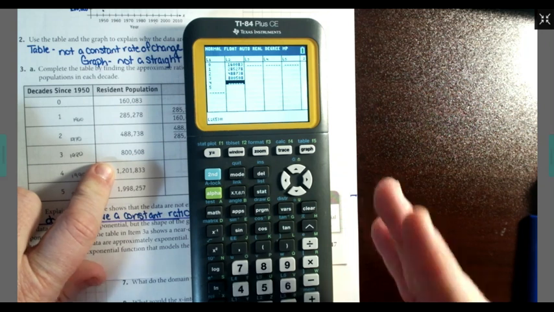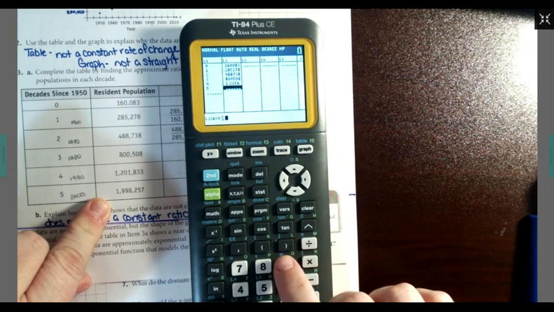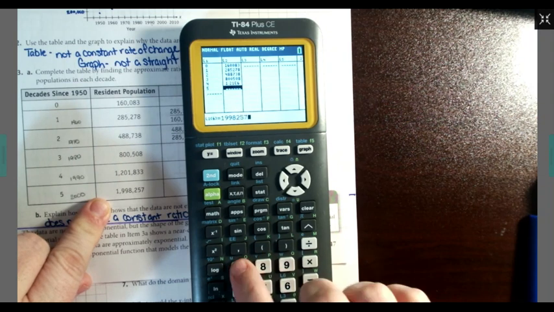And after each number, I'm just pressing enter to go to the next line. 1,201,833. And then 1,998,257.